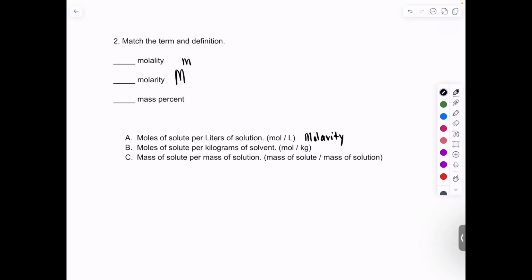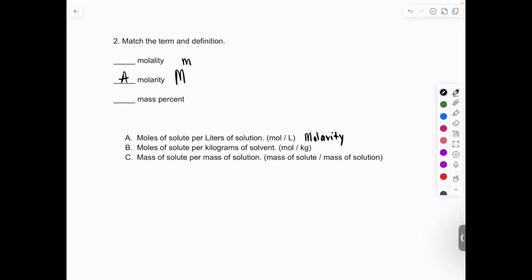Now, where does A belong? A belongs right here. Now B is moles of solute per kilograms of solvent. So now we're looking at the mass of that solvent. Solute is typically your solid, the lesser of the two in quantity when it comes to solution chemistry.